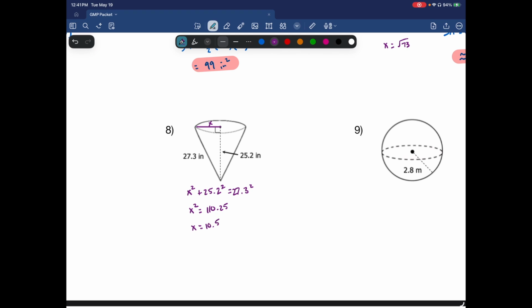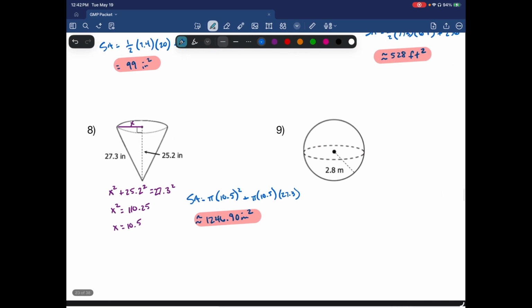So my surface area is simply going to be pi times 10.5 squared plus pi times 10.5 times my lateral height, which is 27.3. So that gives me a surface area of 1246.90 or .9 inches squared.